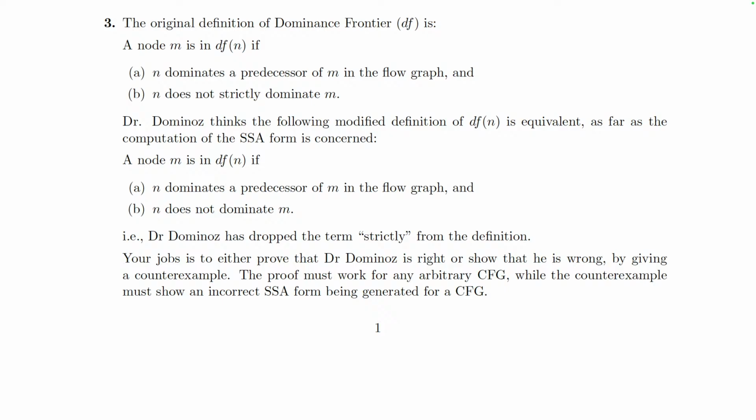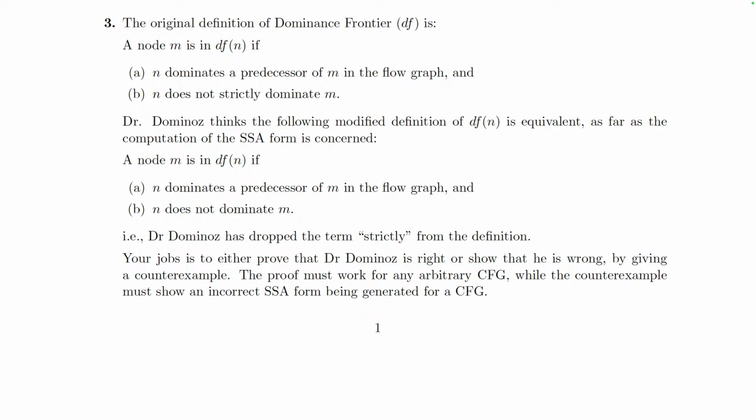See, what is the difference between dominate and strictly dominate? In fact, that's the only difference case. Go ahead, use the mic. So when do you say N strictly dominates M versus N dominates M?